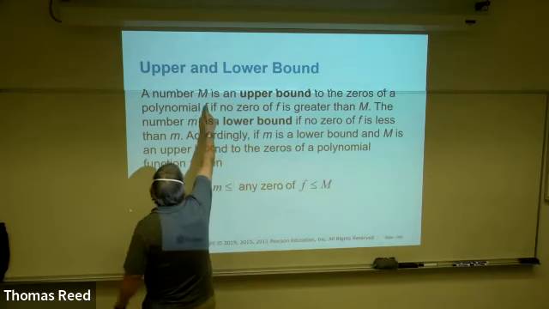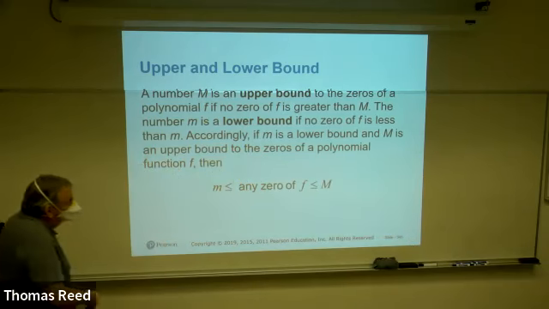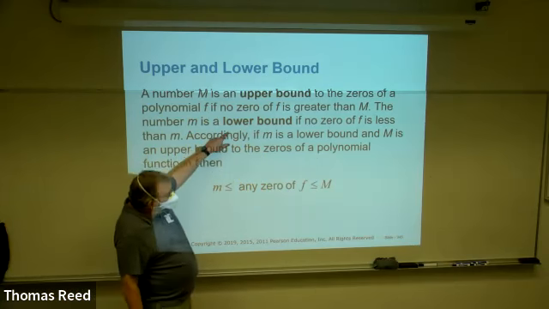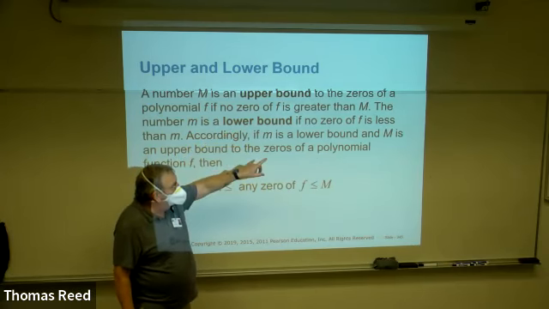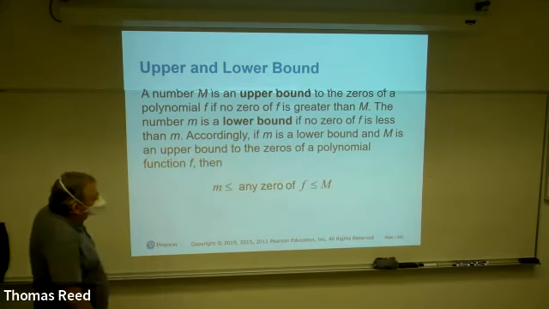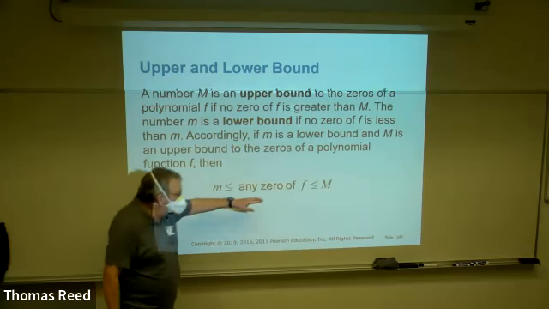The number M, that's a capital M as opposed to a lowercase m, is an upper bound to the zeros of a polynomial if no zero of f is greater than M. The number m, lowercase m, is a lower bound if no zero of f is less than m. Accordingly, if m is a lower bound and M is an upper bound, then the zeros are bounded between lowercase m and uppercase M. So all the zeros would be in between here.